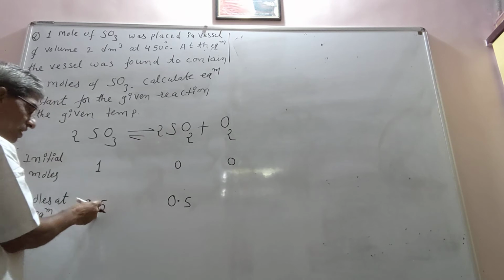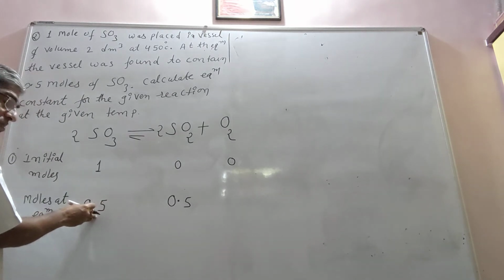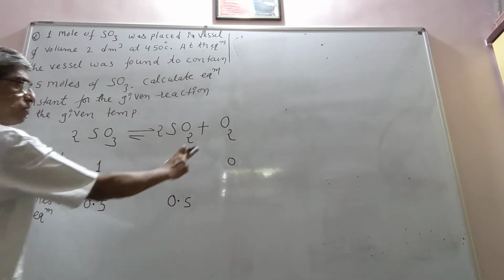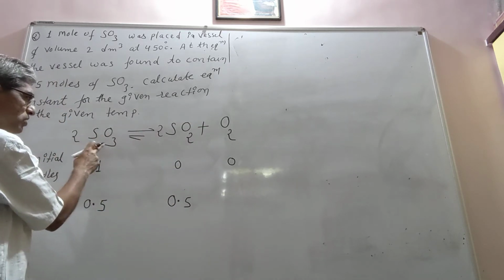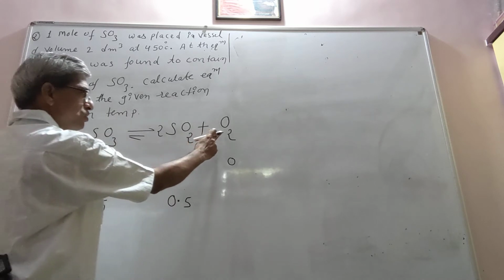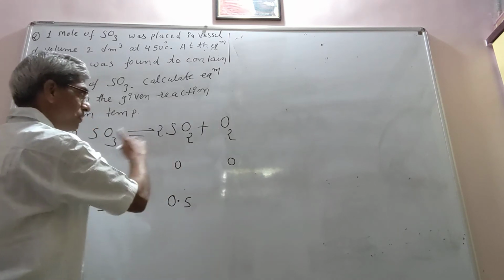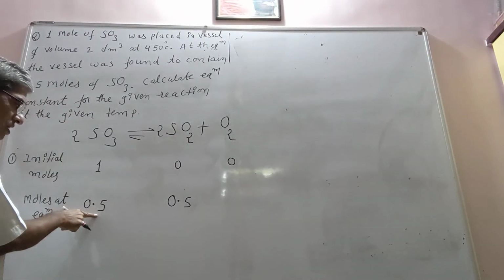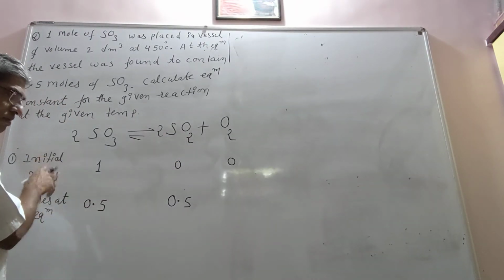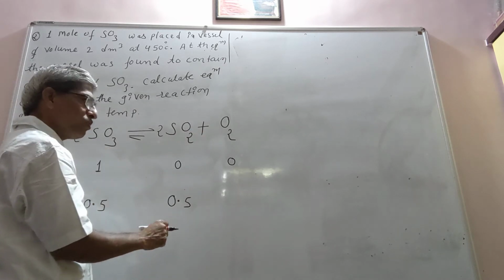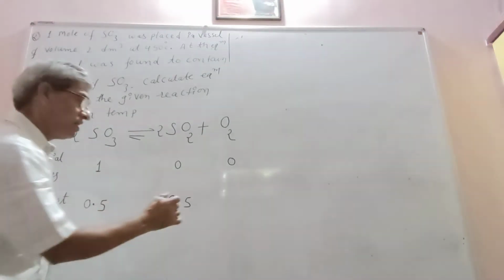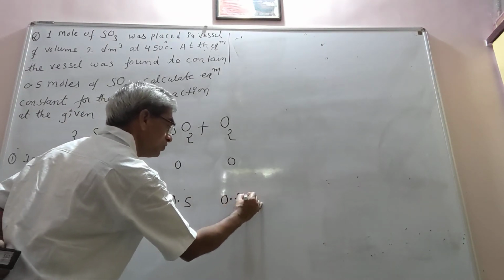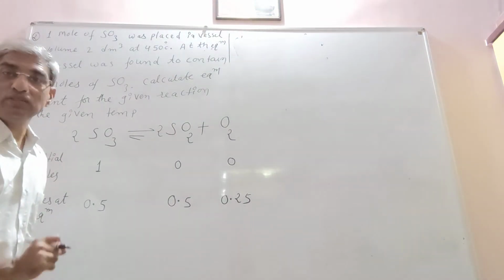Then how many moles of SO3 are left? 0.5. But for O2, whenever 2 moles of SO3 react, how many moles of O2? 1, exactly half. Therefore half of 0.5 is 0.25.